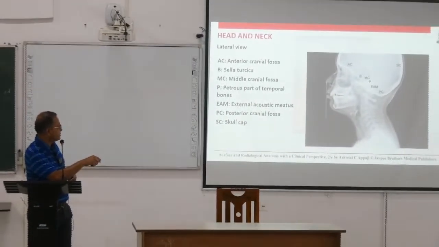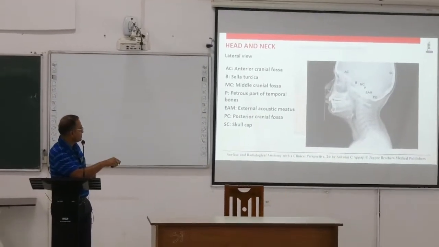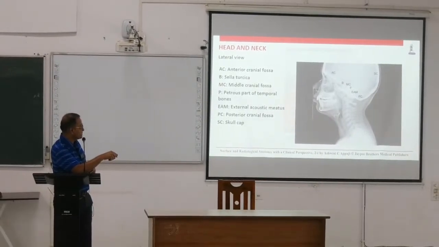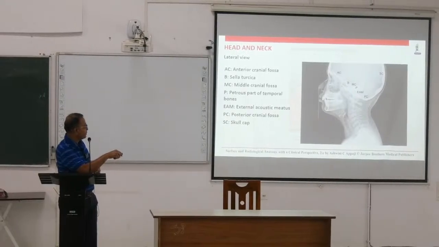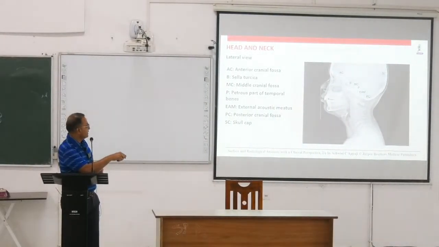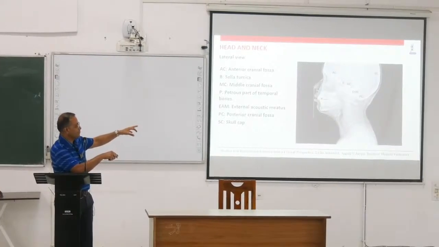This region is the anterior cranial fossa. This is the pituitary fossa, which we call the sella turcica, denoted by the B region, lying on top of the maxilla in a diagonal opposite. Then we have the middle cranial fossa. And if you go back to the occipital bone region, it has the posterior cranial fossa.